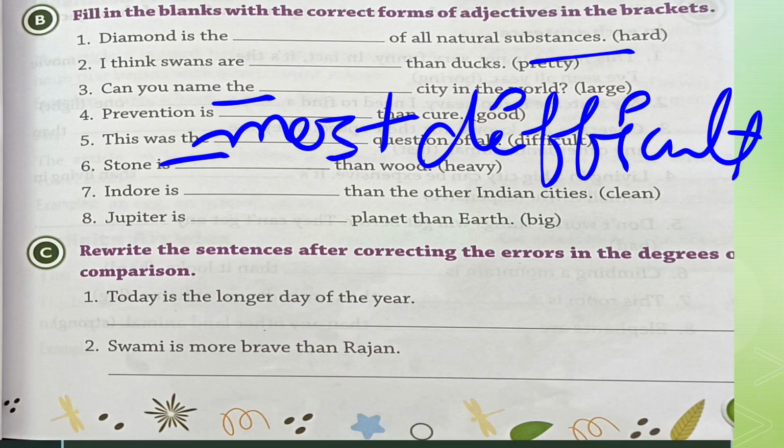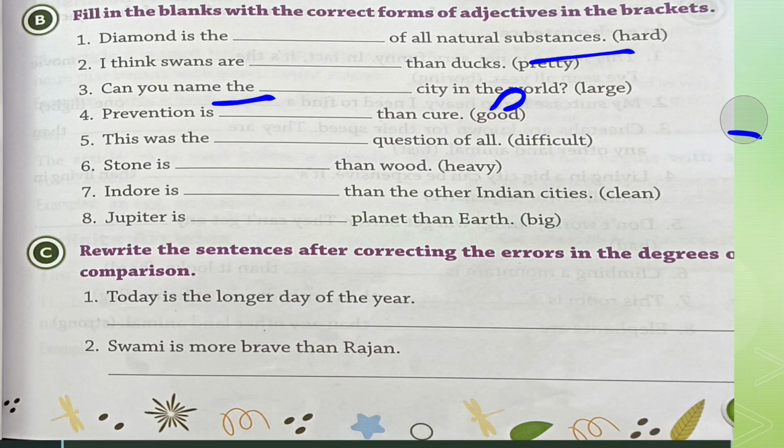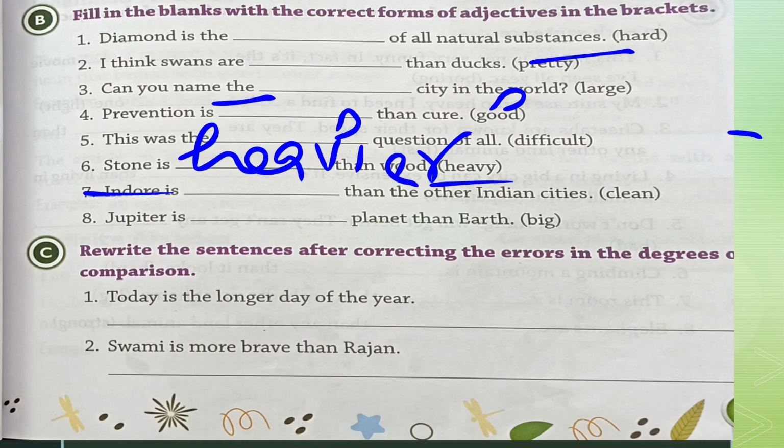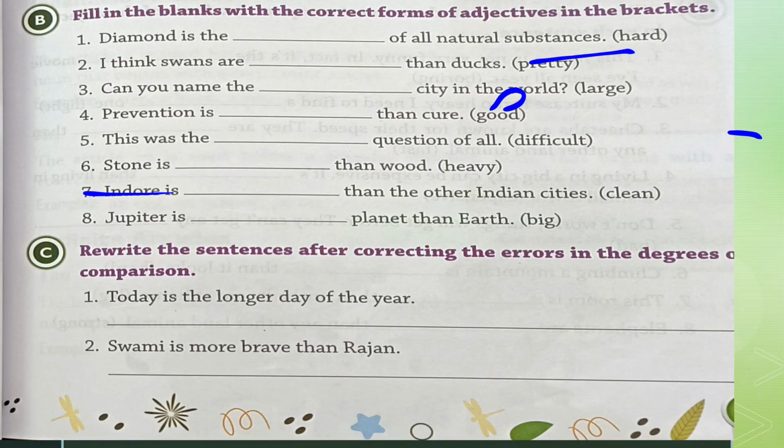Next question, stone: here a comparison is happening between stone and wood, so we will use heavier. Stone is heavier than wood. Now Indore is cleaner. Again, comparison is made between Indian cities and Indore, so we put cleaner. Now Jupiter is bigger. Comparison is given, than is here, so we put bigger.